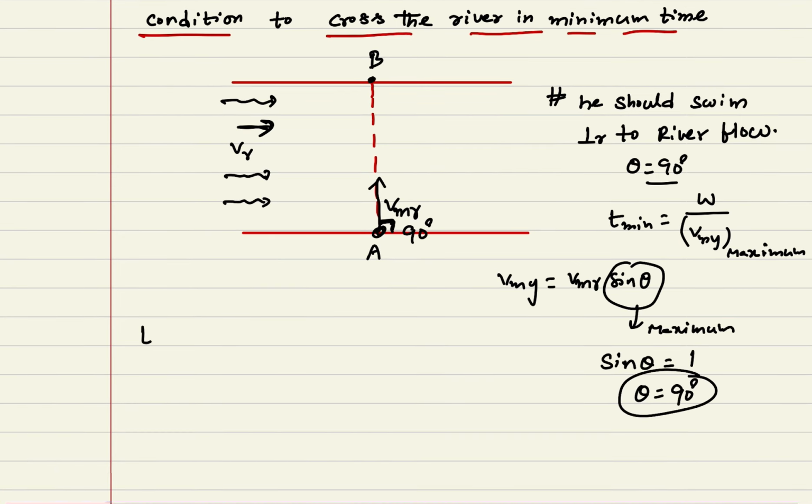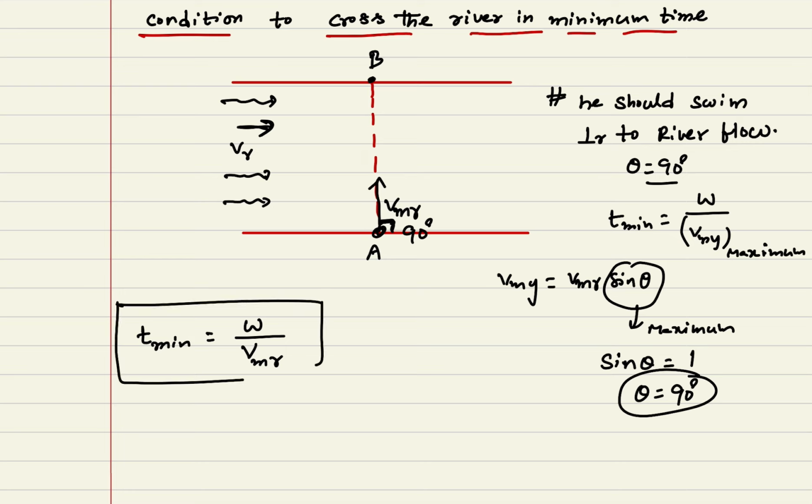Theta should be how much here? 90 degrees. That's why I have written 90 degrees. So the minimum time is T minimum equal to W divided by the velocity of the man with respect to the river, Vmr. This is the minimum time.